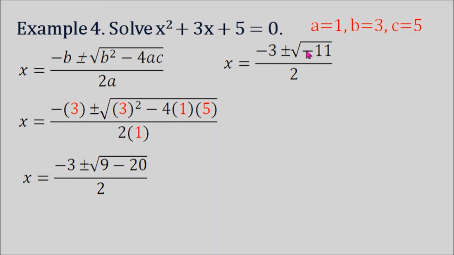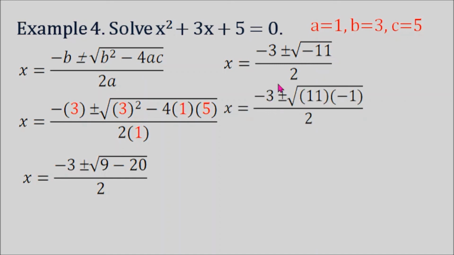And we are going to factor negative 11 such that one of the factors is negative 1. So we have negative 3 plus and minus square root of 11 times negative 1. Square root of negative 1 is i. So that means we have negative 3 plus and minus square root of 11 stays under the root sign, and then square root of negative 1 is i, then all over 2.